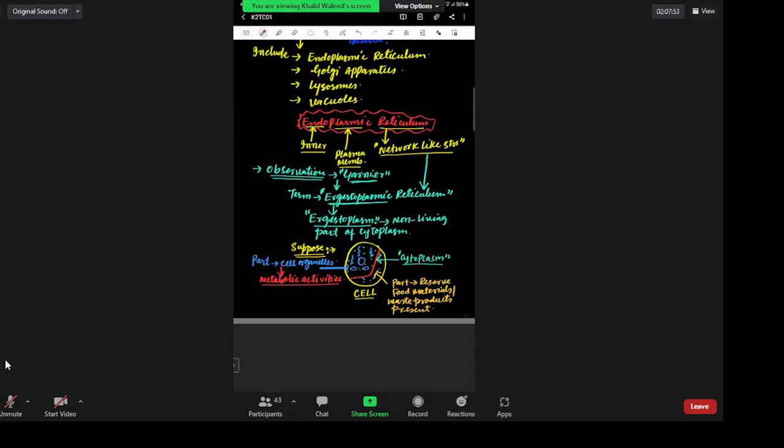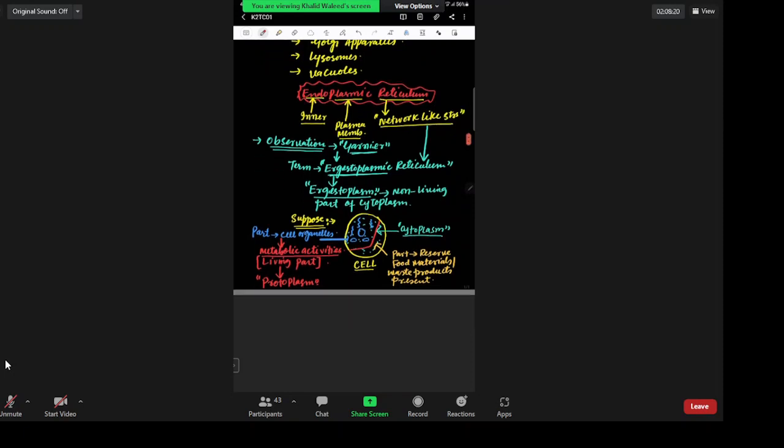So this part of cytoplasm where cell organelles are present and hence metabolic activities occur constitutes the living part. This living part of cytoplasm we call as protoplasm. इसको क्या कहते हैं? Protoplasm.